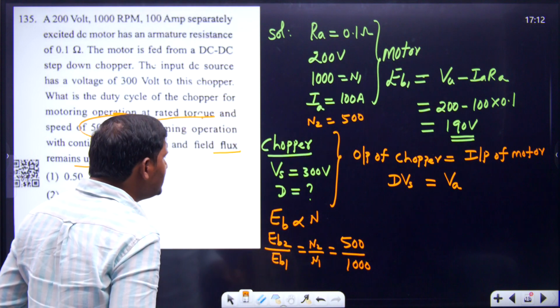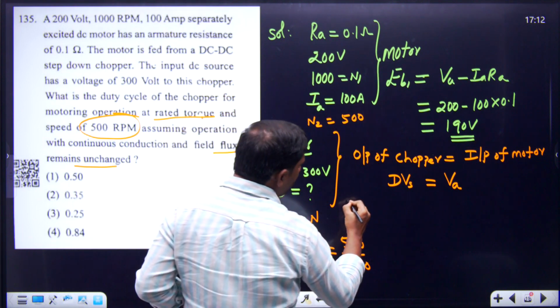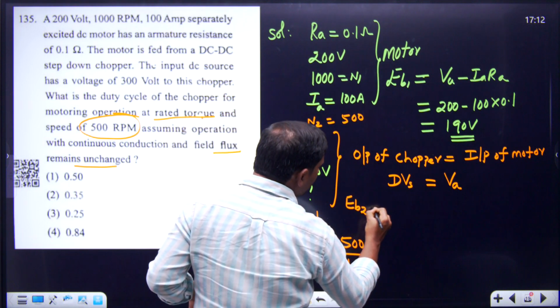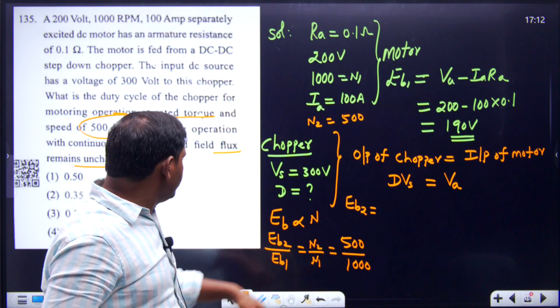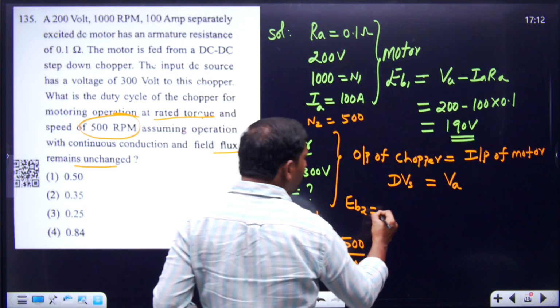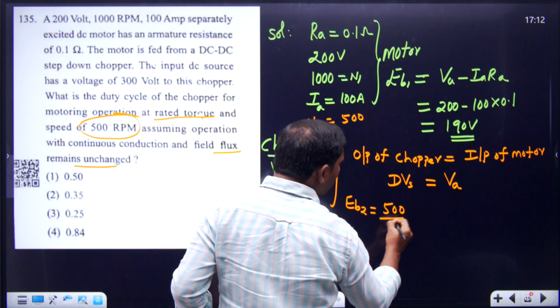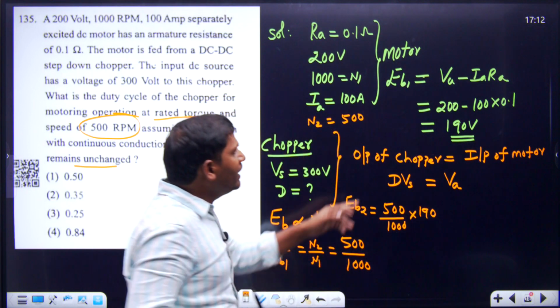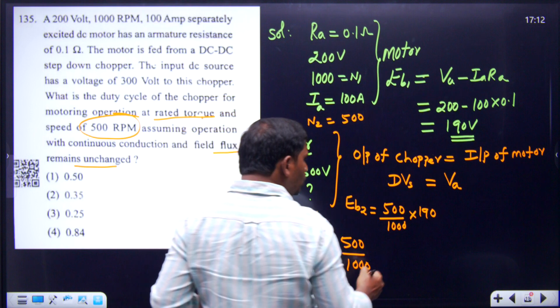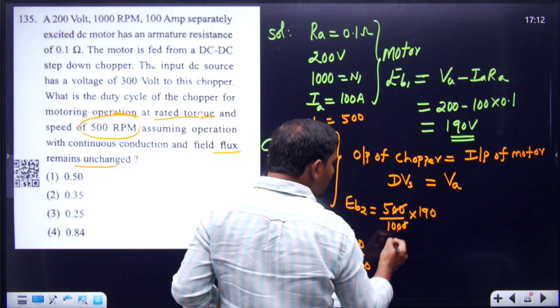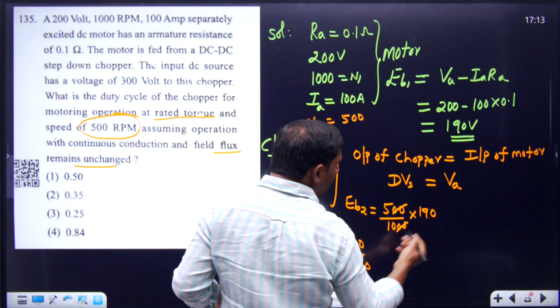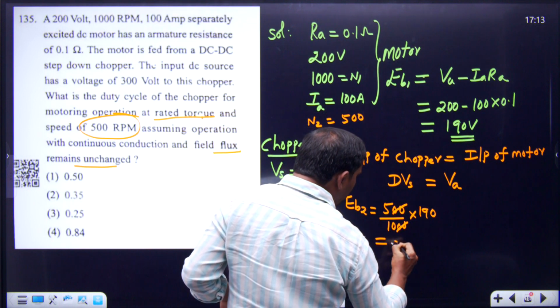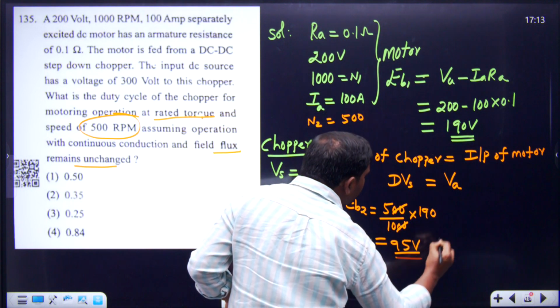Then from this, what is EB2? From this you have to calculate EB2. EB2 equal to 500 by 1000 into 190. EB1 is 190. That you have to do this calculation. This cancels. Then we can get 95 volts. EB2 equal to 95 volts.